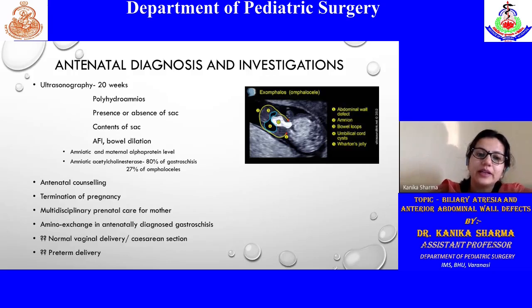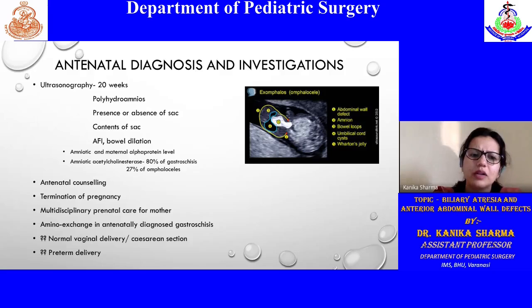For anterior abdominal wall defects, the most common investigation is antenatal ultrasound. These children come to us in the clinic, where the mother brings their antenatal ultrasound and asks what she should be doing. As was discussed, omphalocele can be diagnosed at an earlier antenatal period, while gastroschisis may be diagnosed by 18 to 20 weeks.